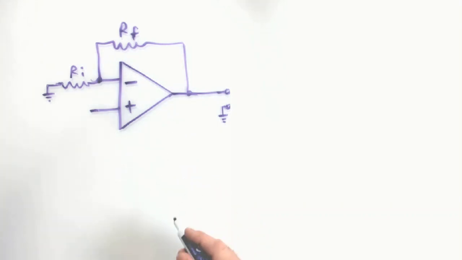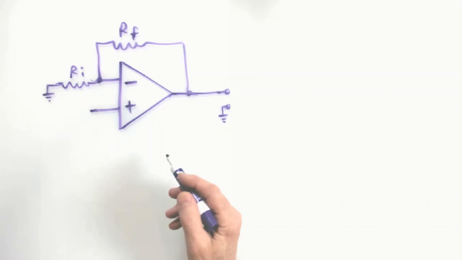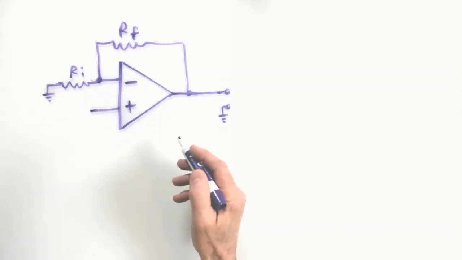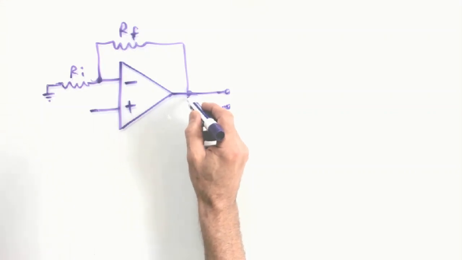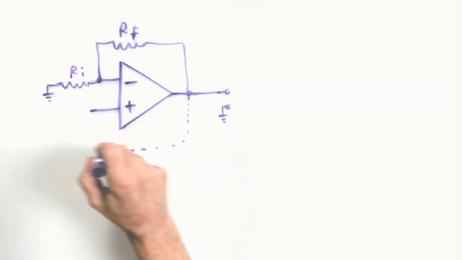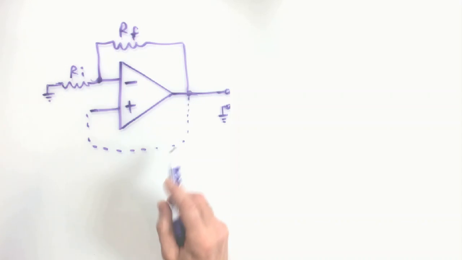And I think we mentioned it when we did the different negative feedback amplifier types. But it's going to be a path that we create that brings us from the output back to the non-inverting input. And we'll talk about this path.